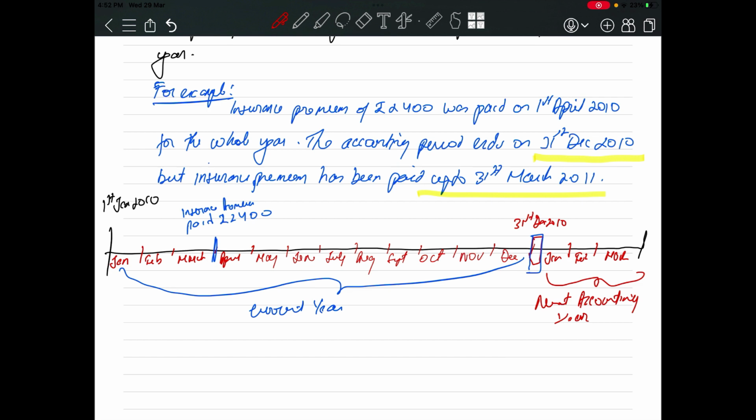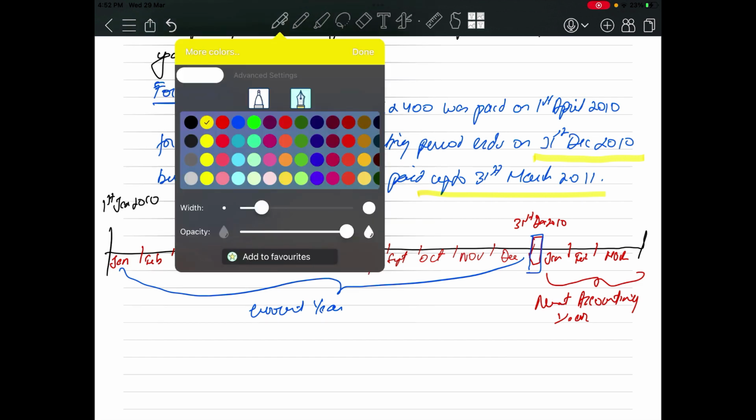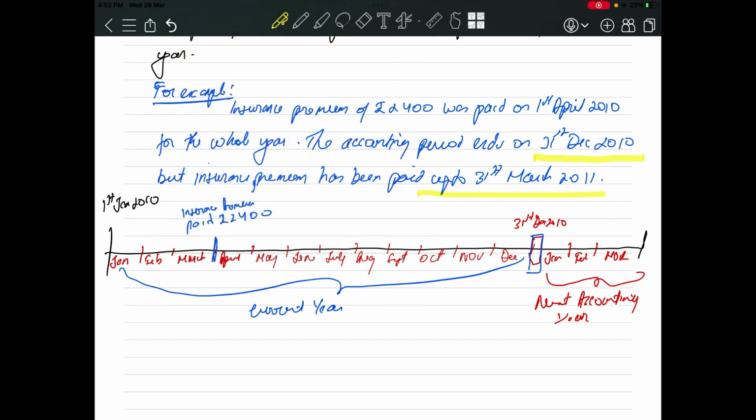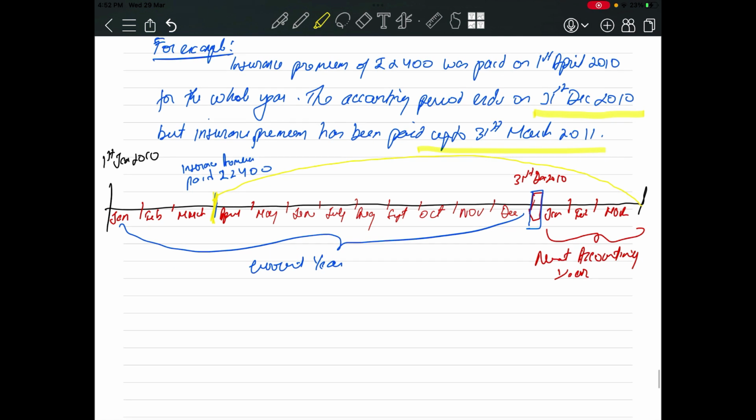Now what is prepaid expenses? You'll have to understand now. It's very simple and very easy to understand. We have paid insurance premium on 1st April 2010, for 12 months, which means we have paid for the period April to March. But this is the current year. Ideally we should pay expenses for only this period, for the current year.